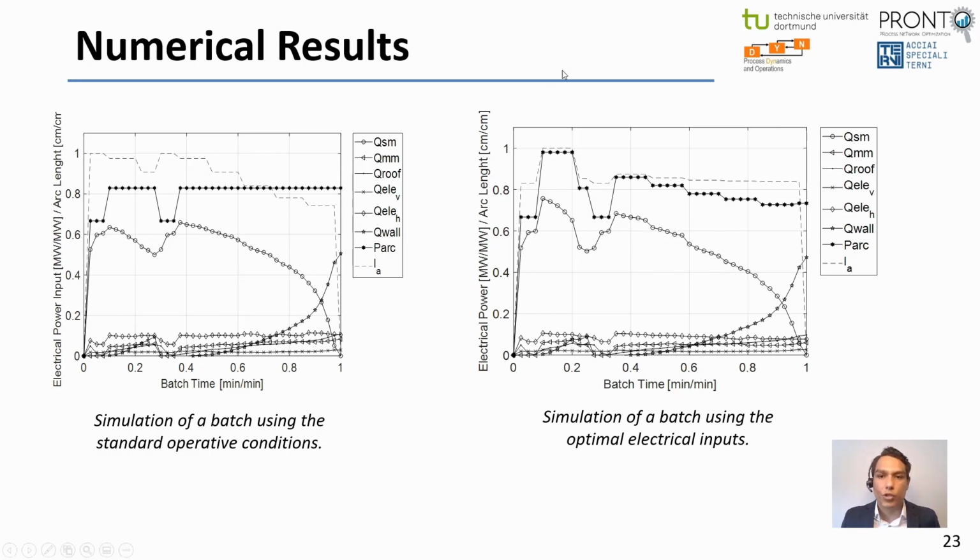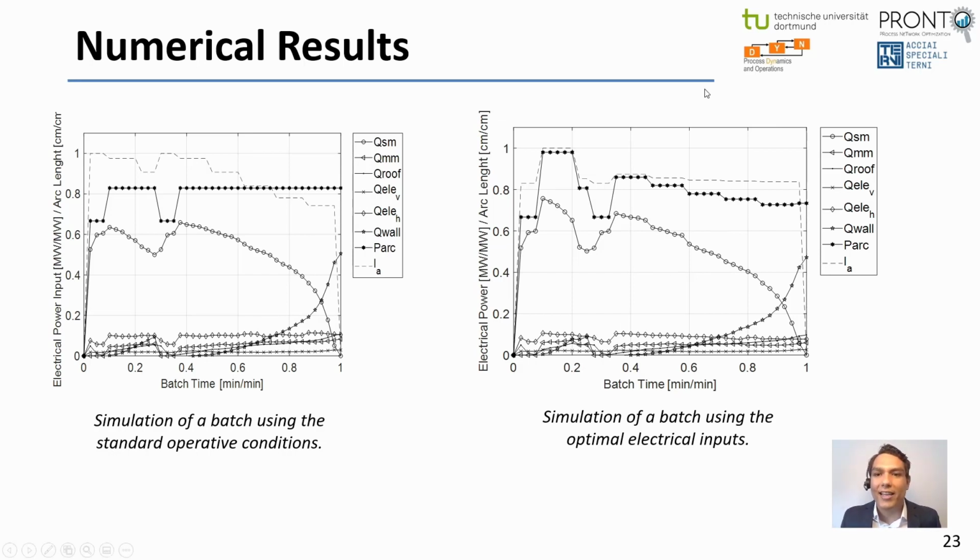The algorithm suggests that optimal efficient operations are achieved by operating the early stages of the batch, meaning immediately after every charge, at high power levels, and reducing the operative power level as time progresses. This makes sense because what the algorithm is trying to do is to reduce the energy losses as the metal melts, because as metal melts, a larger area of the walls and the roof is uncovered. So the algorithm tries to reduce these losses.